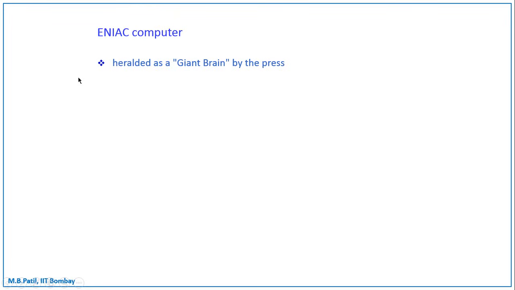Let us now look at some facts and figures about the ENIAC computer. There is a lot of information on this topic on the internet, and you should really look it up. Here we will just look at some of the points. It was heralded as a giant brain by the press, and giant brain it was compared to the electromechanical computers of those days. This computer was 1,000 times faster.